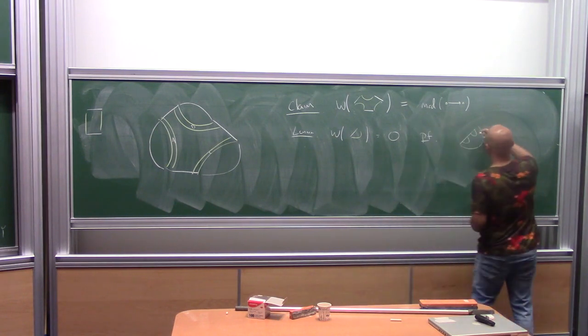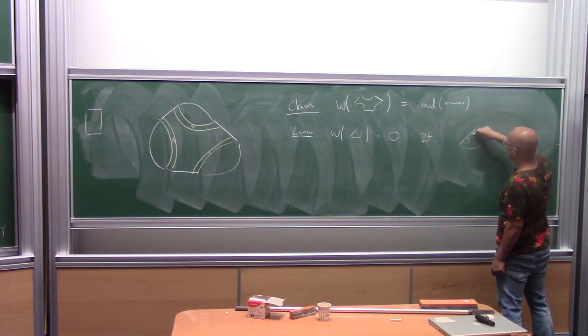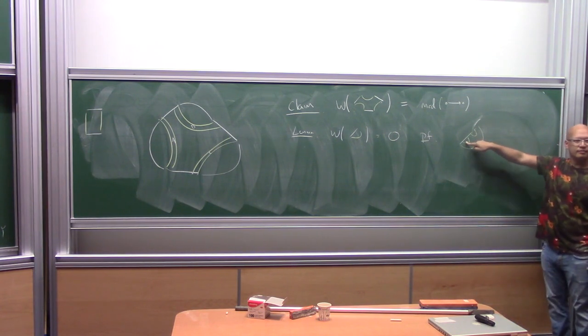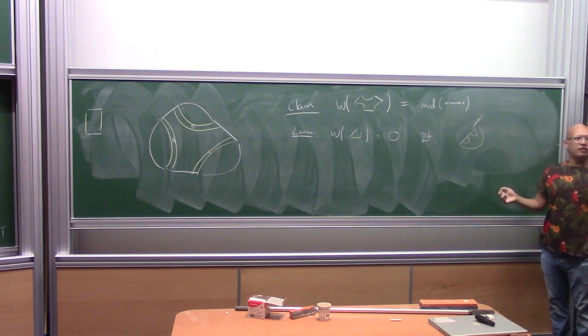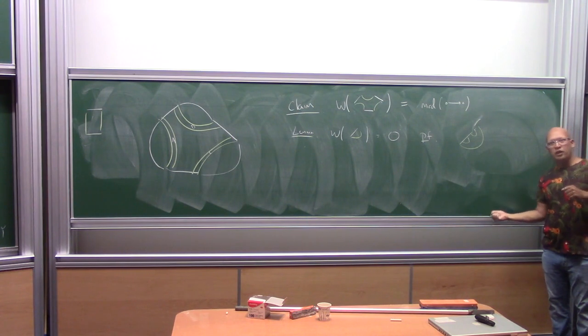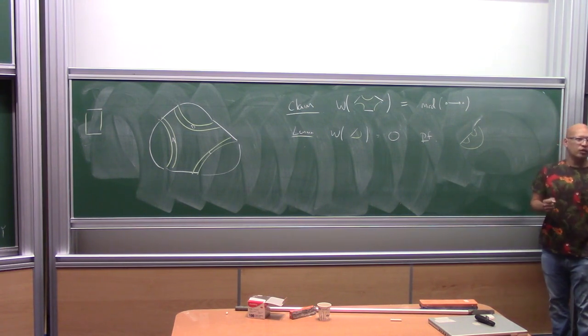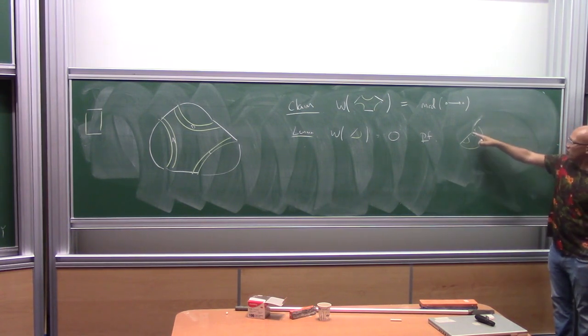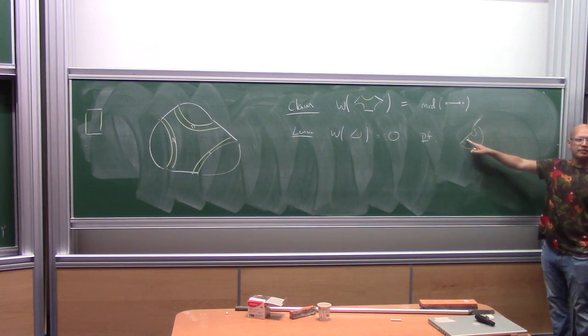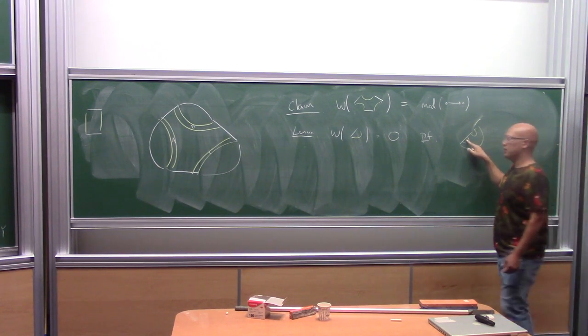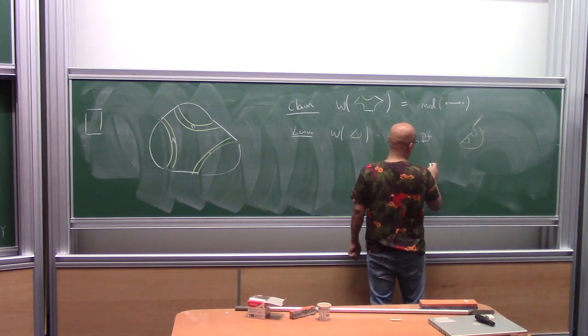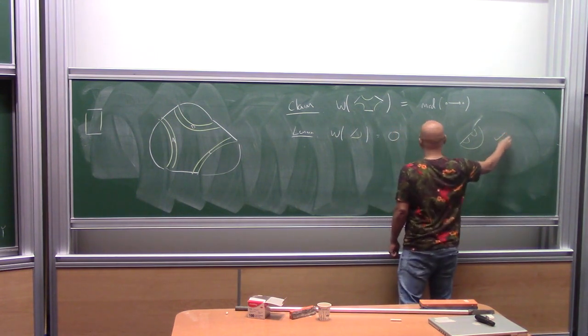And one of them is not in front of the other one. So Homs in one direction from one to the other are 0. On the other hand, both of these inclusions are isotopic to the identity, to a symplectomorphism. So you're okay. So this is the proof.